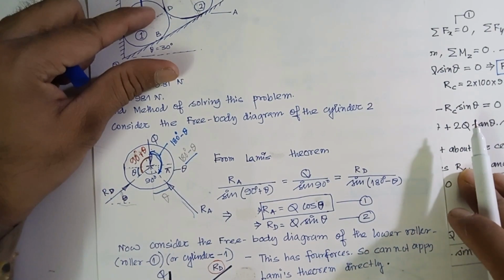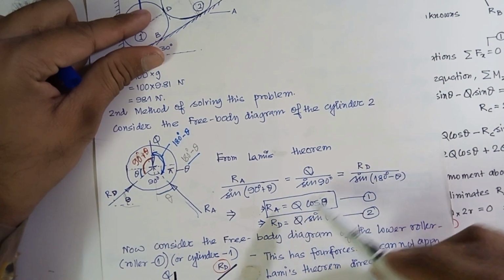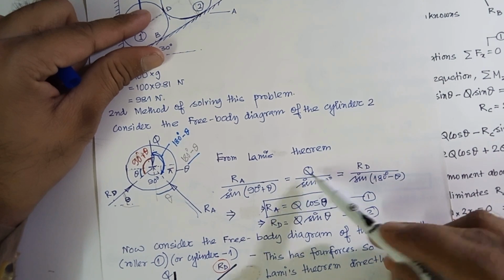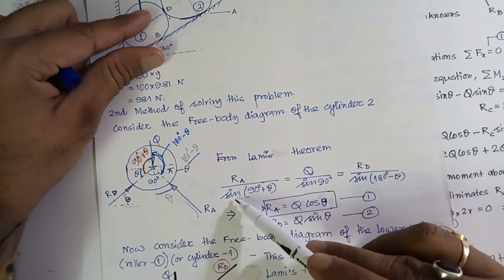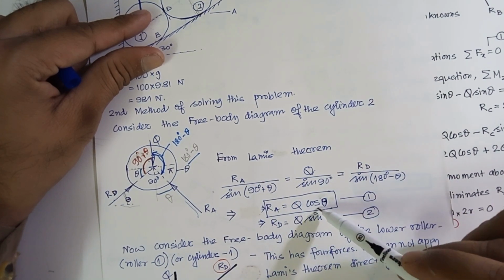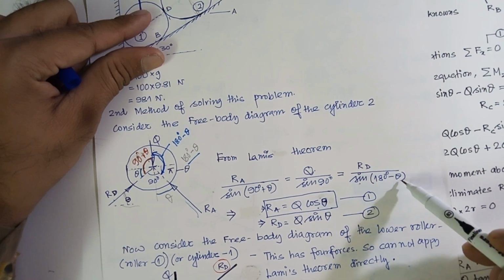I guess you understand. So since sine 90 is 1, I can write RA is equal to Q sine of 90 degree plus theta, which is equal to cos theta. So RA is equal to Q cos theta, and RD is equal to, again, sine of 180 degree minus theta is equal to sine theta.